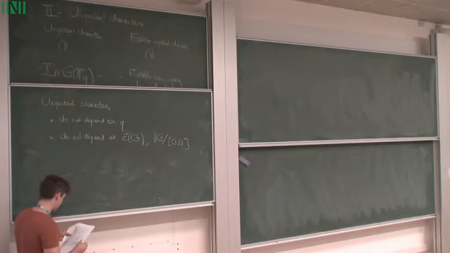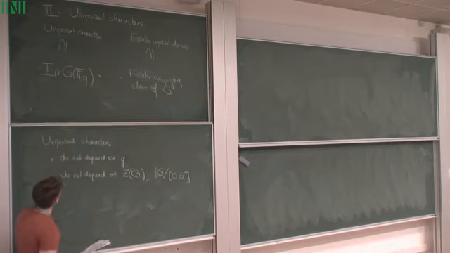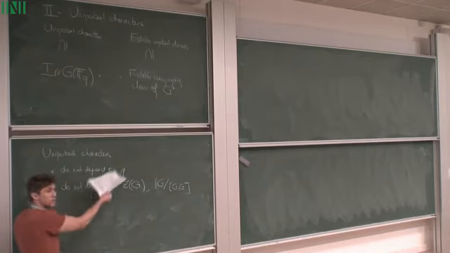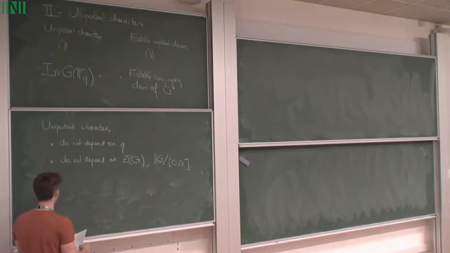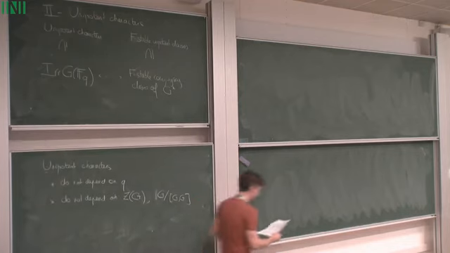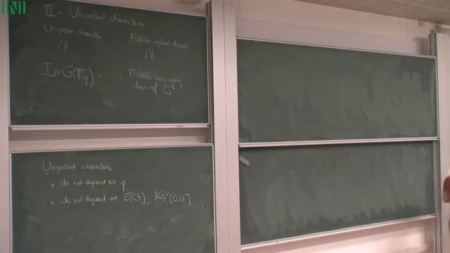Okay, so what else do I want to say? Yes, so yesterday when I started with the conjugacy classes, I gave various data corresponding to the classes. And here, let me just recall them for the unipotent classes. This is what I will need for the classification.